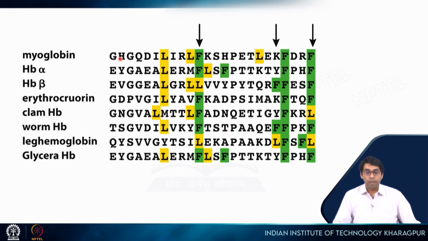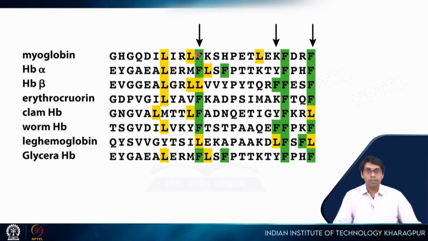Now, we want to determine the statistics for a pairwise substitution. So, let us say I want to look at the rate of substitution of phenylalanine with leucine or vice versa, leucine with phenylalanine. So, I will look at all these places. There are no leucine or phenylalanine here, no leucine or phenylalanine here.